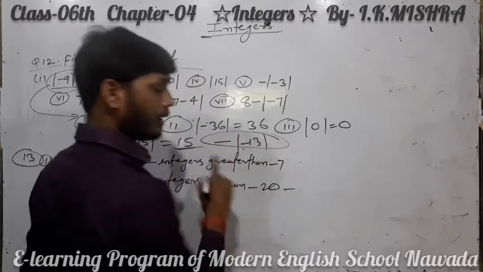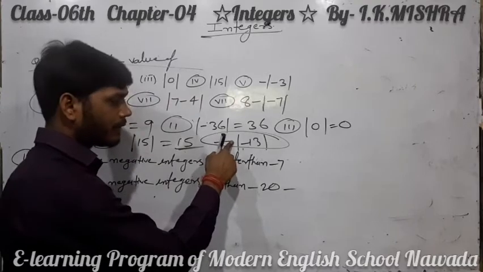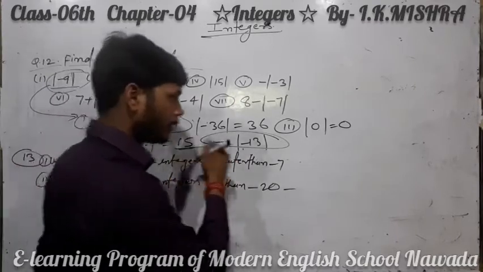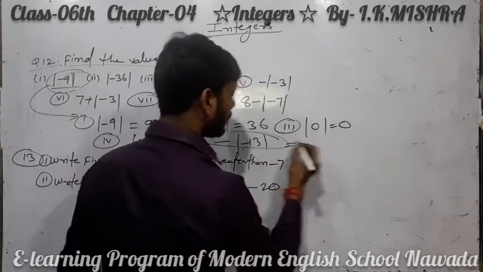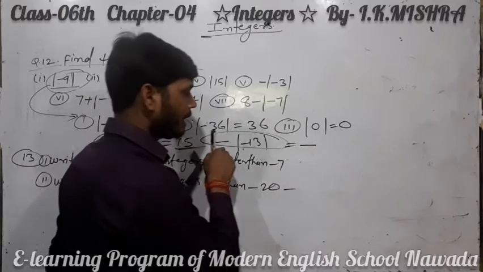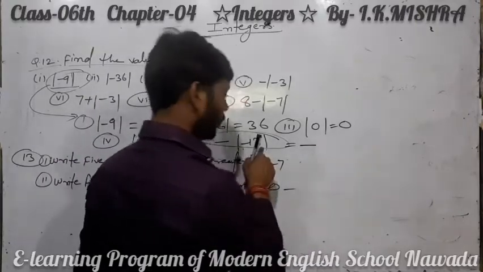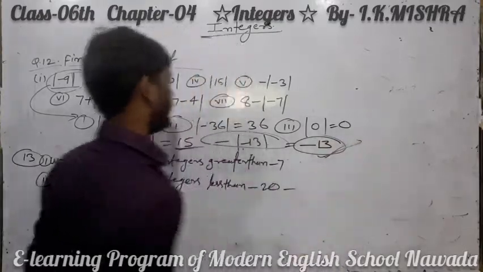Students, take care here, one minus sign is before the modulus. So its value is positive 13, but the minus sign does not change, and its value is minus 13. So its value is minus 13.